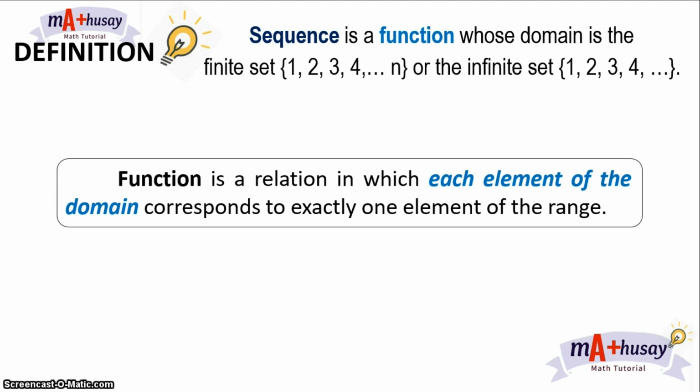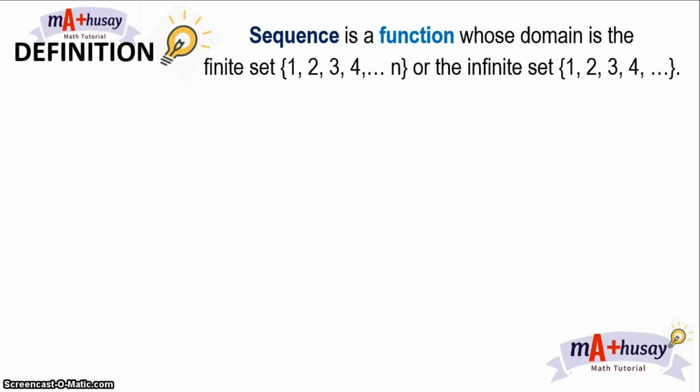Now, a sequence is a function, and a function is a relation in which each element of the domain corresponds to exactly one element of the range. It simply means that no 2 ordered pairs should have the same values of x.